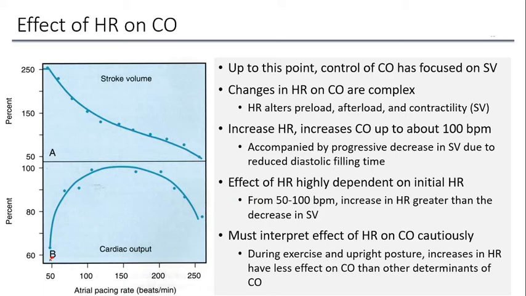So the lower the heart rate, the greater the increase in cardiac output from rest. If you crunch the numbers from resting heart rate to 100 beats per minute, athletes are going to have a greater absolute increase in cardiac output and a greater relative increase in cardiac output, right?